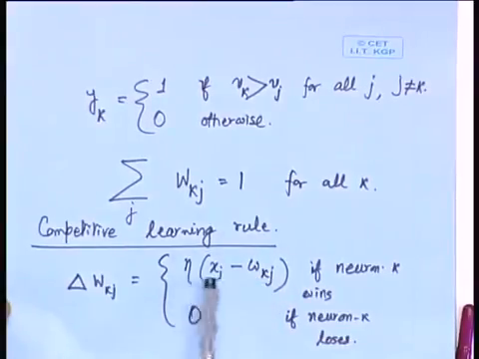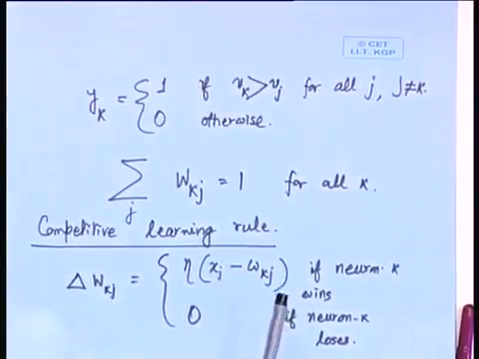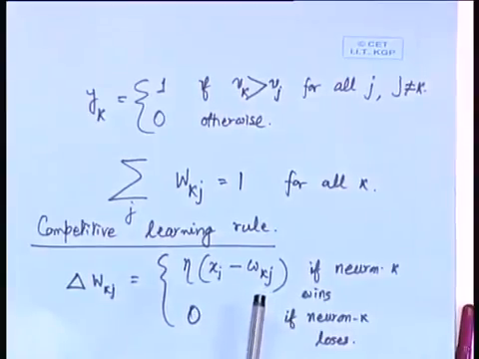Again, another constraint will follow on the input pattern itself, that you cannot arbitrarily select any input pattern. The input pattern also follows a constraint, like for example, an input pattern of constant Euclidean length.